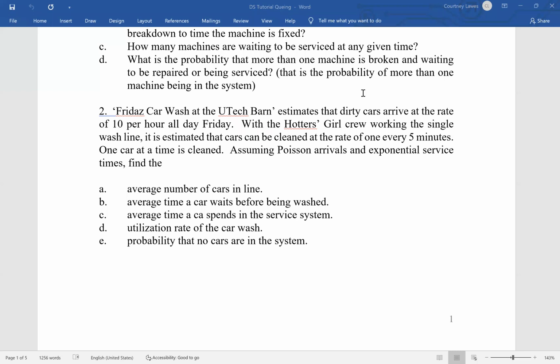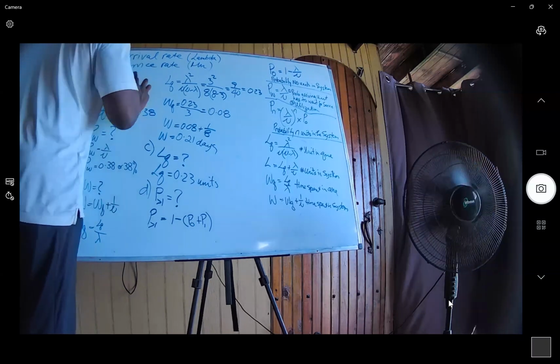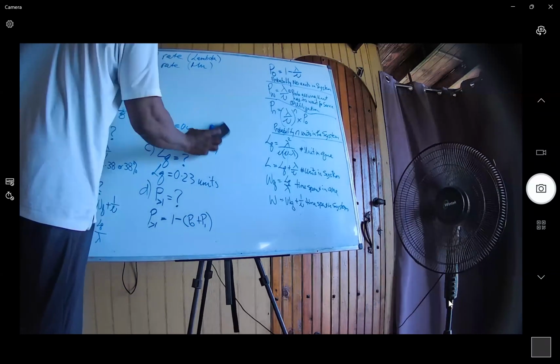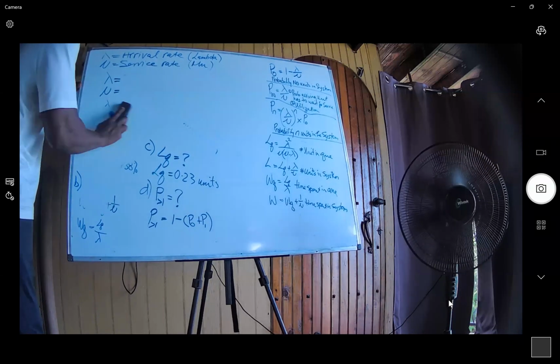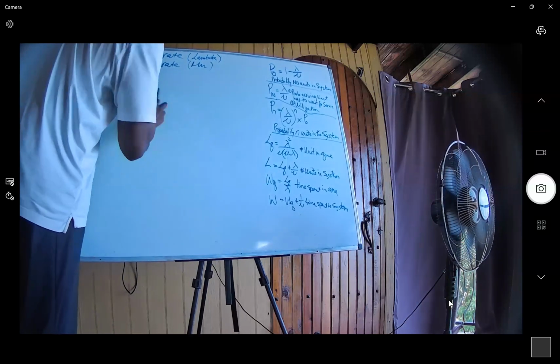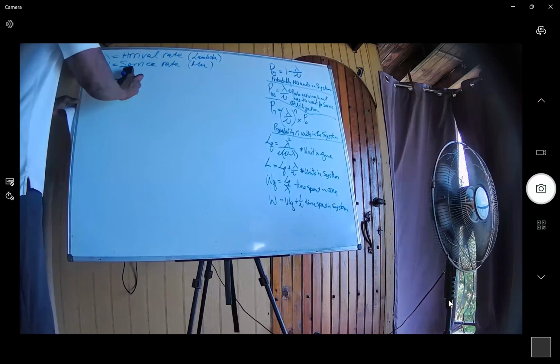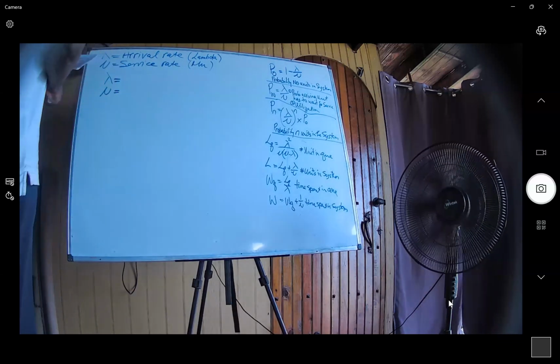What's our approach for that? So, what's our lambda and what's our mu?